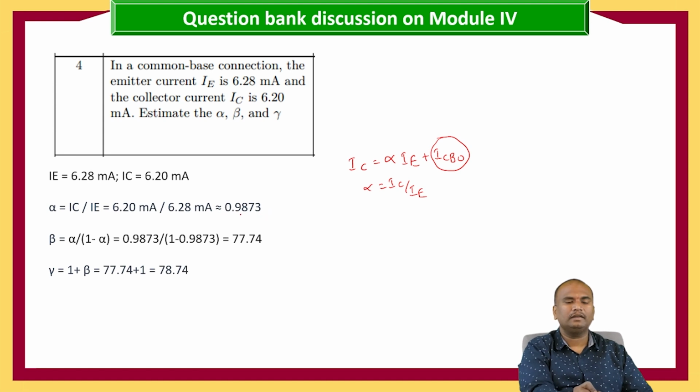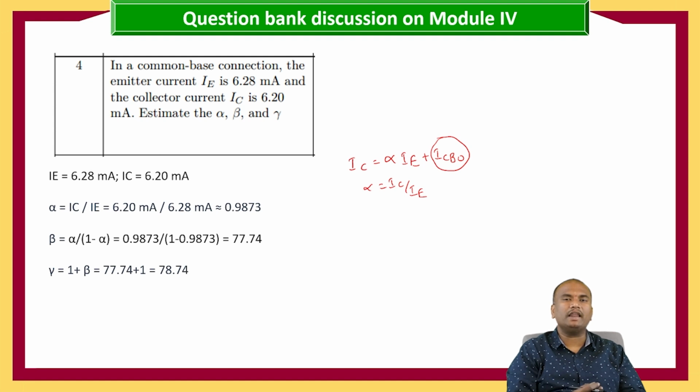0.9873. And beta, when we got the alpha value, we can easily calculate from the relation between alpha, beta and gamma.